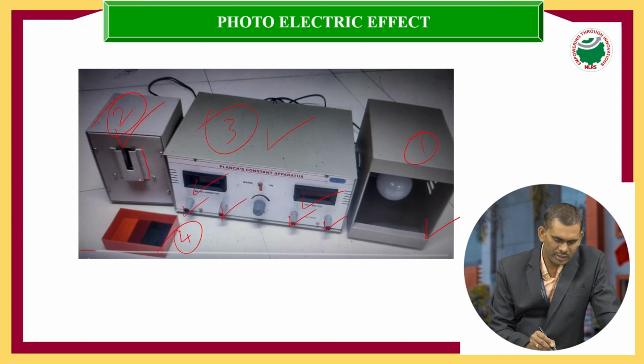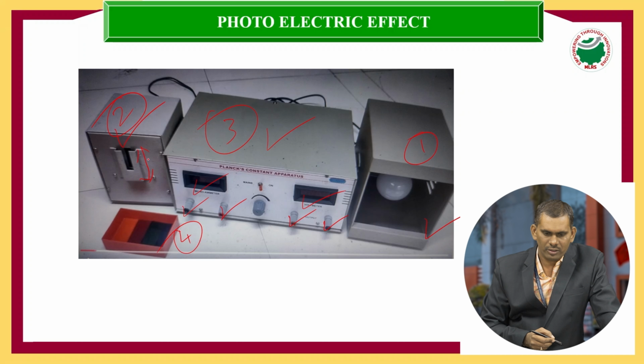In front of the metallic surface we have a slot, and in this slot we place these transparent filters. When light falls on these filters, they filter out the remaining wavelengths and allow a particular wavelength to be incident on the metal surface.